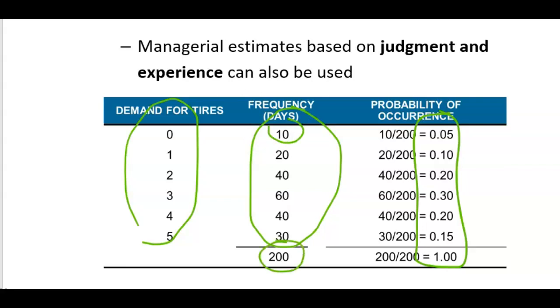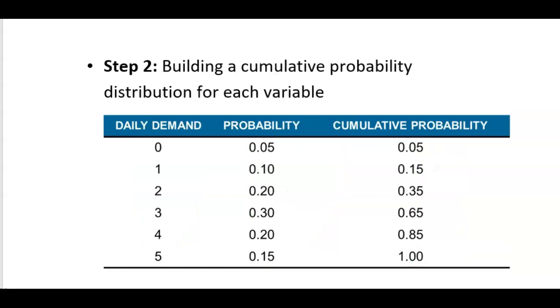For step 2, you need to come up with the cumulative probability. This is done by just accumulating the probability that we have obtained previously. When the daily demand is 0, the probability is 0.05.